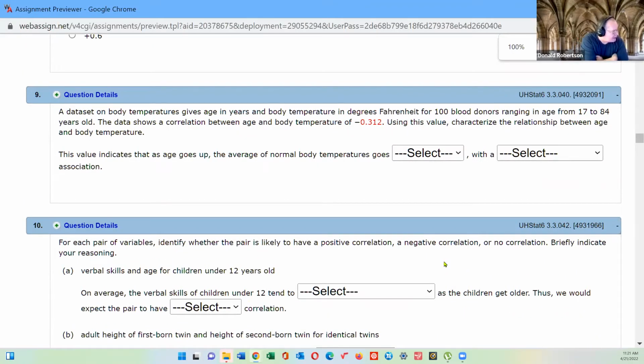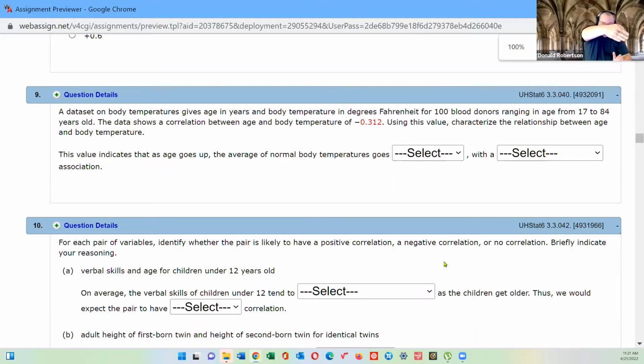Now, question 9. A data set on body temperature gives ages in years and body temperature in Fahrenheit for 100 blood donors aged 17 to 84. That's a lot of information. The data shows a correlation between age and body temperature of negative 0.312. So age is the x-axis, body temperature is the y-axis.